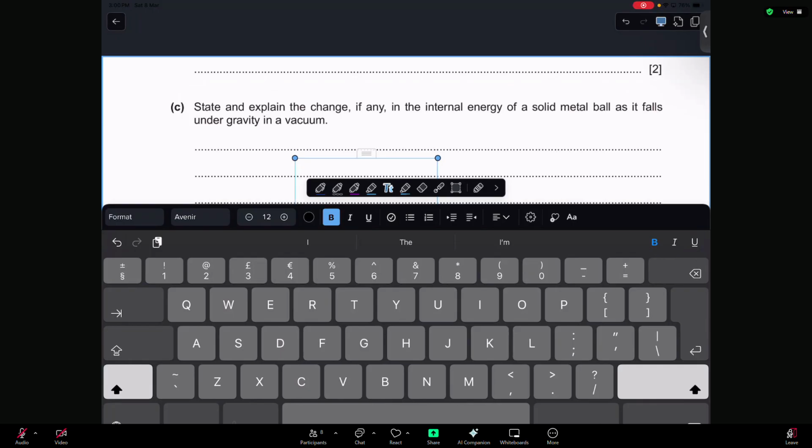FBI. The flux is into the page, force is downward. So isn't my finger pointing that way? So it's actually going from A to X.